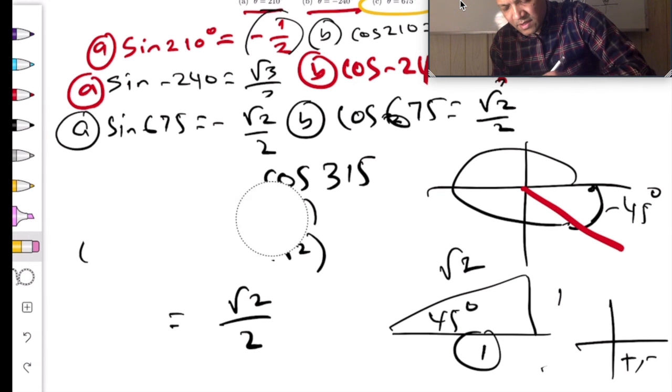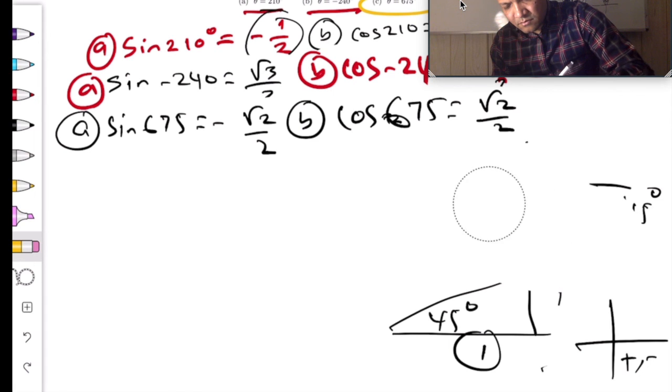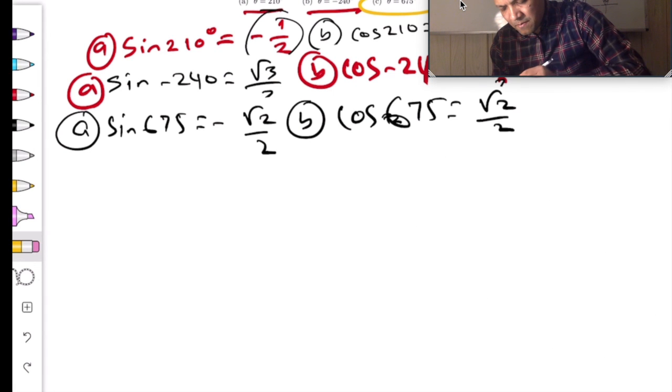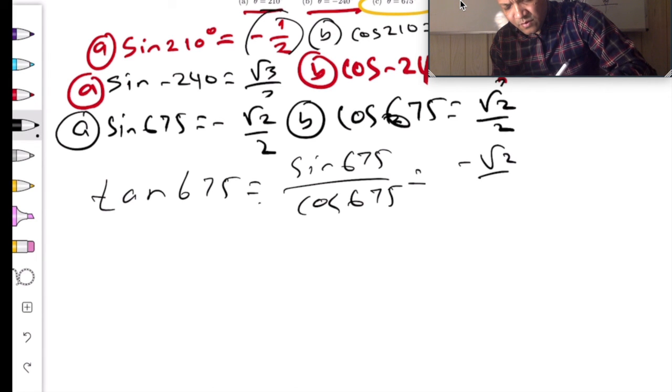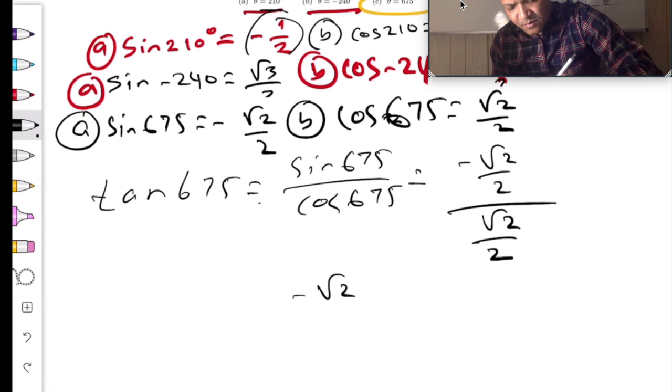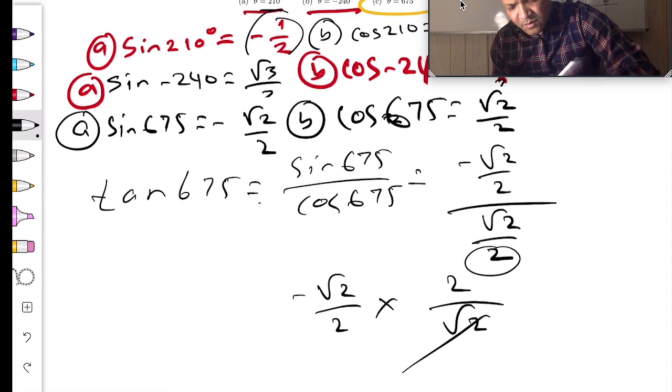Now we're going to find tangent. So tangent 675 is equal to sine 675 over cosine 675, which is negative square root of 2 over 2 over square root of 2 over 2. That is negative square root of 2 over 2 times, you flip them, so the 2 goes up and the square roots of 2 cancel, so negative 1.